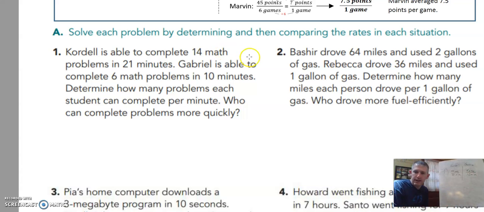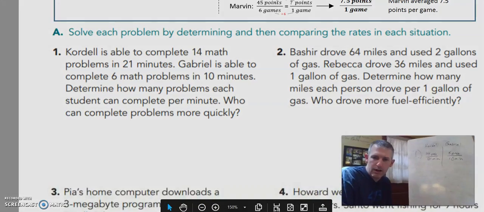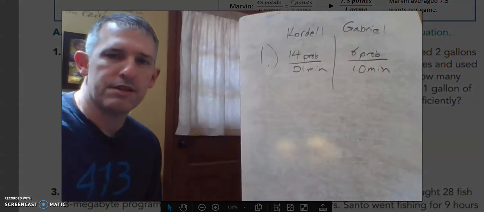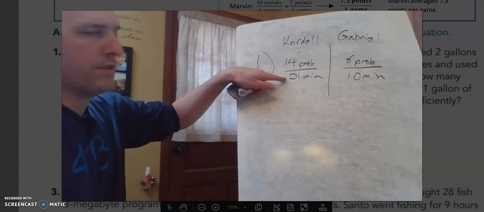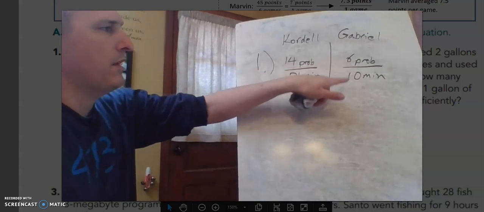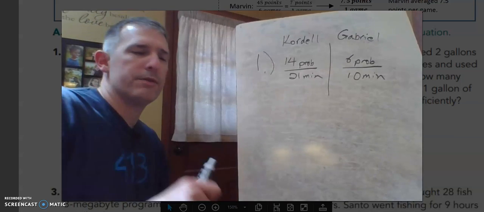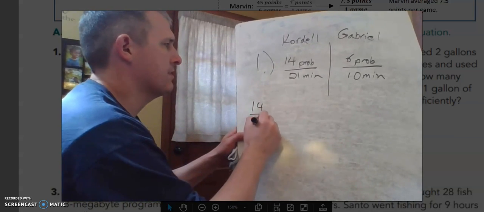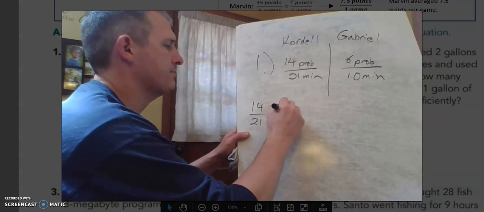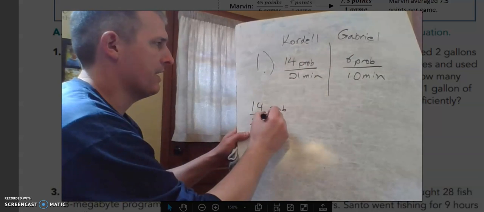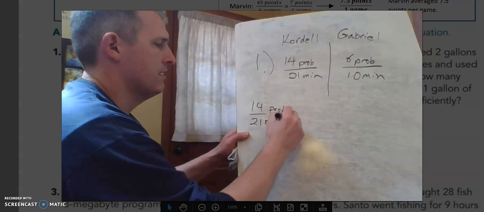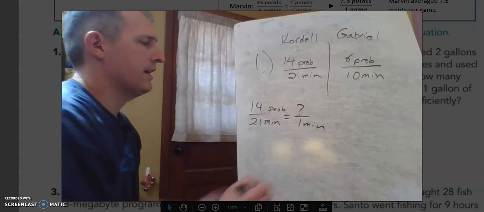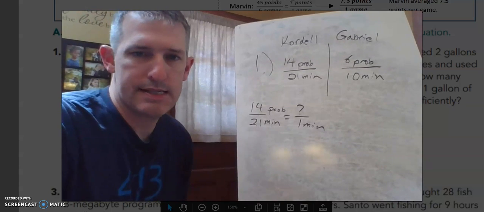So all I've done here, I'm going to zoom in so you can see a little bit better, is I've just organized the information into ratios, as you can see. Okay, we got 14 problems in 21 minutes and 6 problems in 10 minutes. All right, now the first thing it says is it wants us to find what that would be as a unit rate.